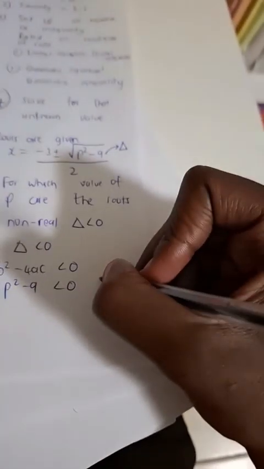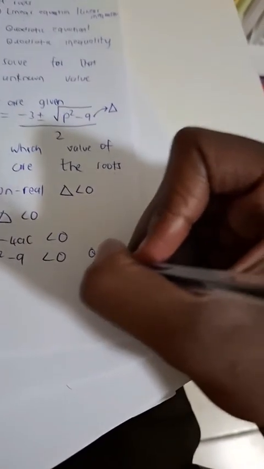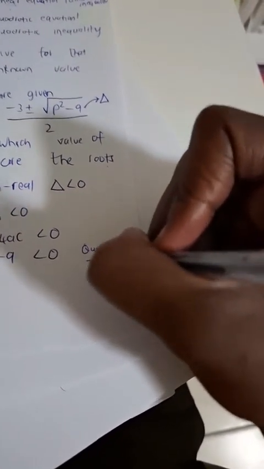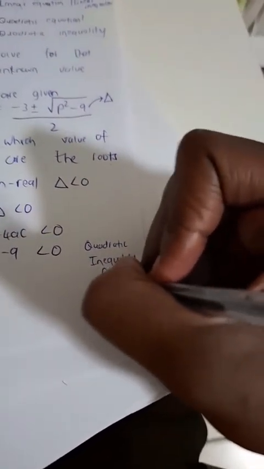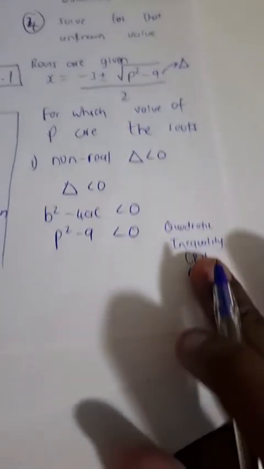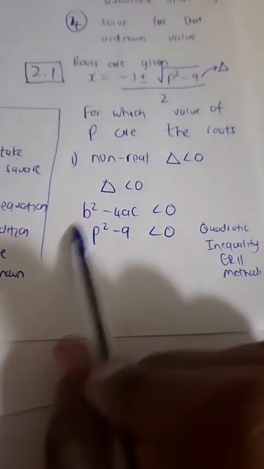This is not a linear inequality, it is a quadratic inequality. So I'm going to use my grade 11 method of solving a quadratic inequality and nothing less than that. This is my standard form.